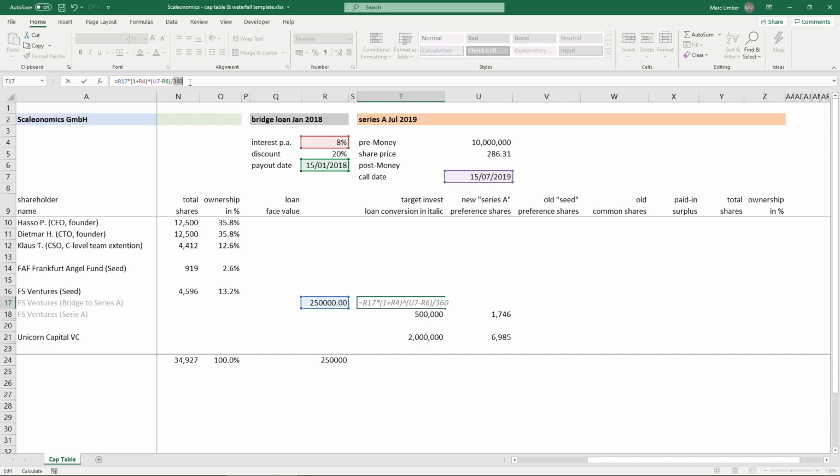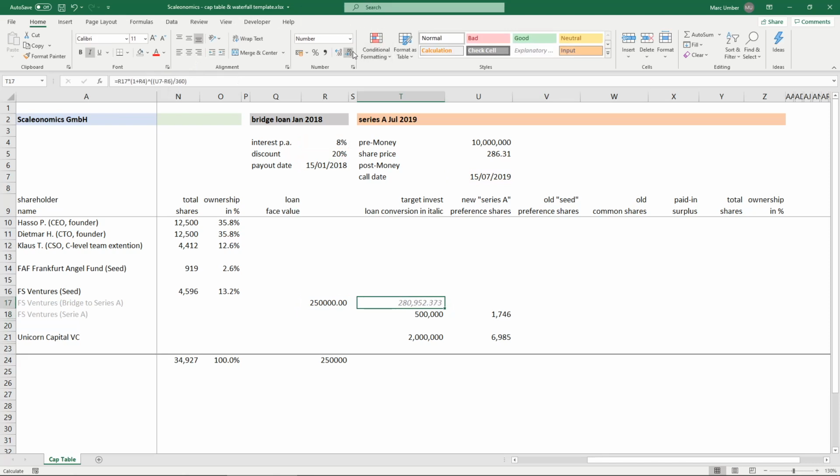This is by convention, and this will most typically be documented in the contract how interest days are going to be calculated. We assume a total amount of days per year of 360. Okay, this should be it. Nominal amount. Let's add some brackets.